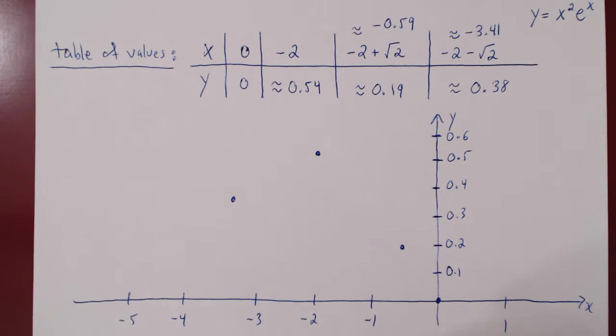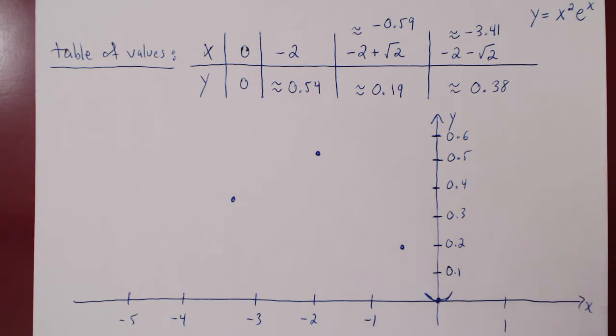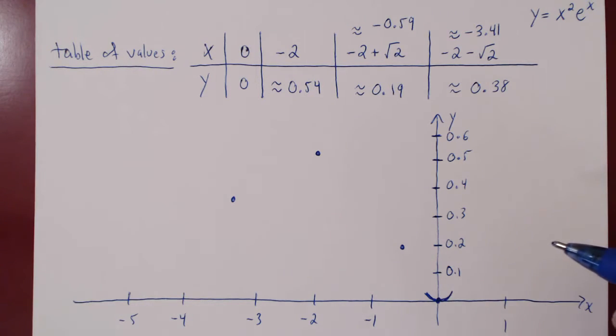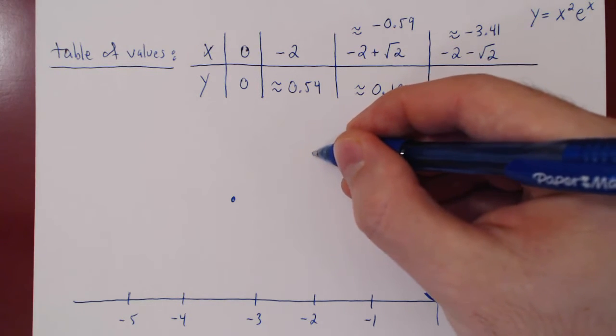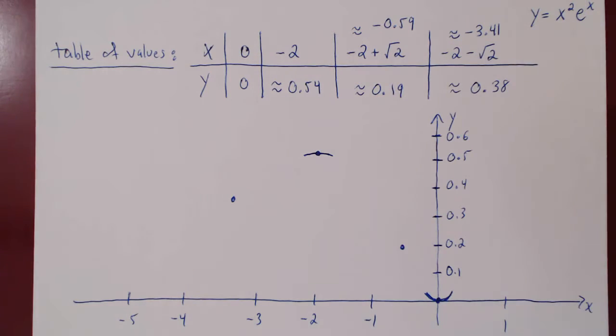So x equals 0, local minimum. And then x equals negative 2, local maximum. And those were the only two critical points.